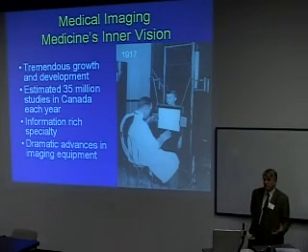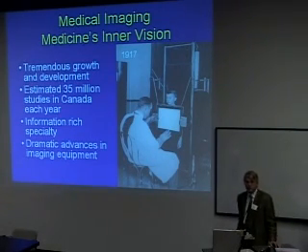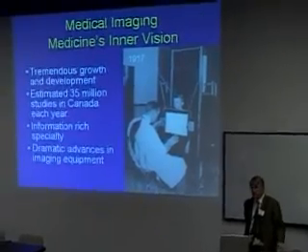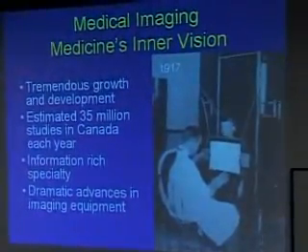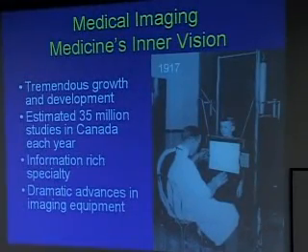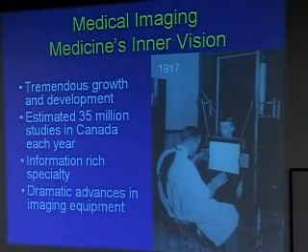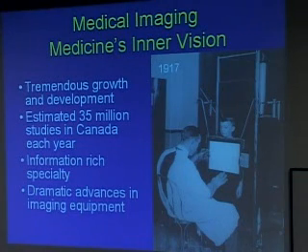As Jeff mentioned, medical imaging is a very information-rich specialty, with our storage requirements per year just in our institution alone at approximately 3 terabytes of information. And we have our own dedicated IS systems group within our department, and we try and make sure that the gorilla of medical imaging doesn't overwhelm the rest of the hospital's network.